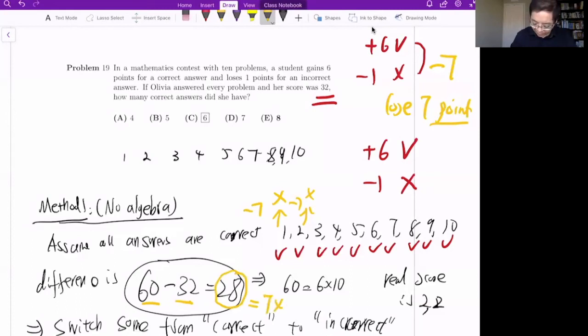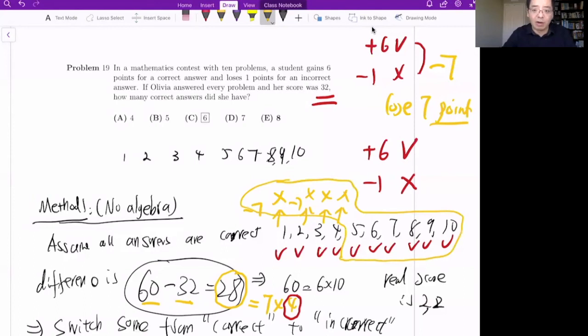So 4 times this is 28, which means you need to change 4 correct answers to incorrect answers. So you have to change these 4 to incorrect, and this is the correct combination. So we get that the correct answers number 6.